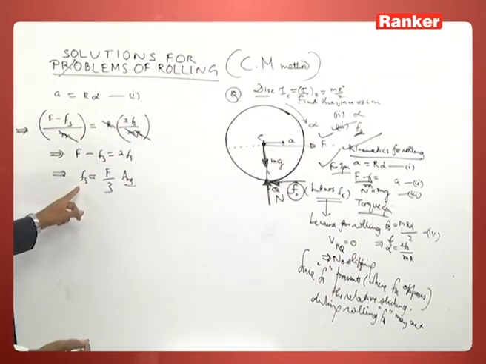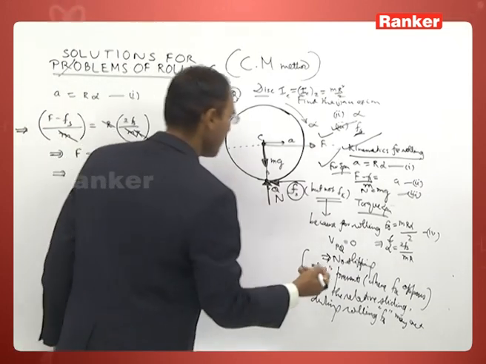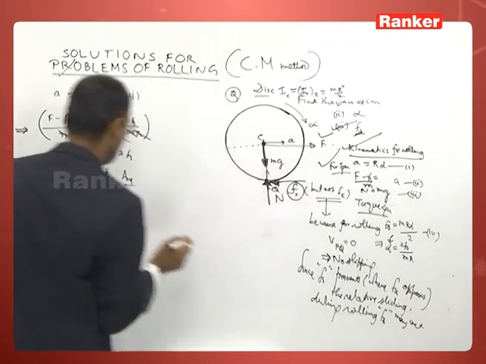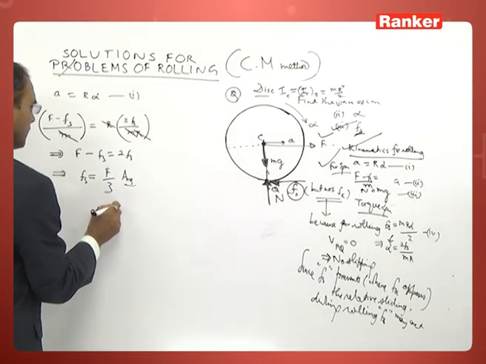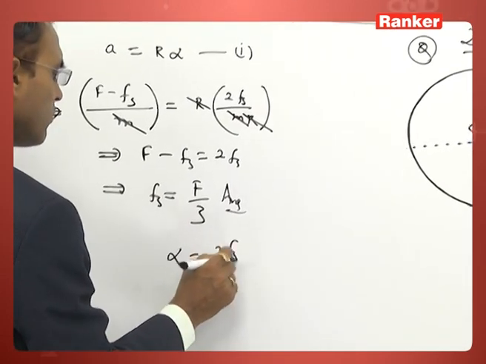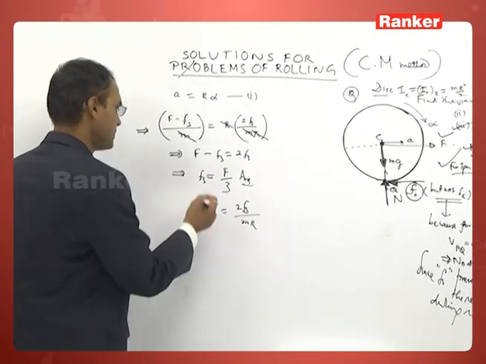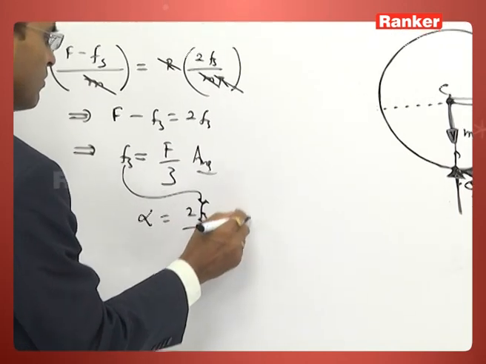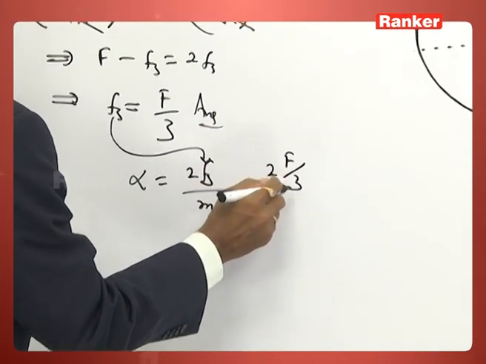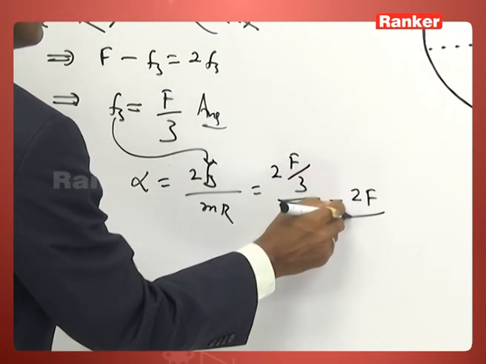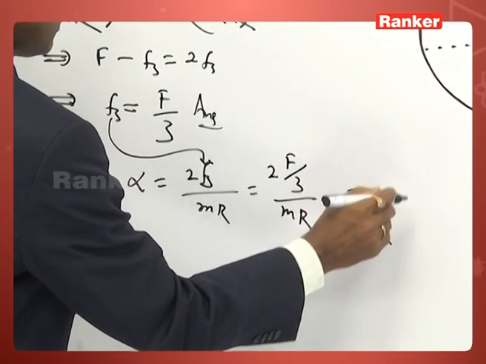Once you get the frictional force Fs, alpha is Fs into 2 by mr. And substitute Fs is equal to F by 3, so alpha is 2F by 3mr.